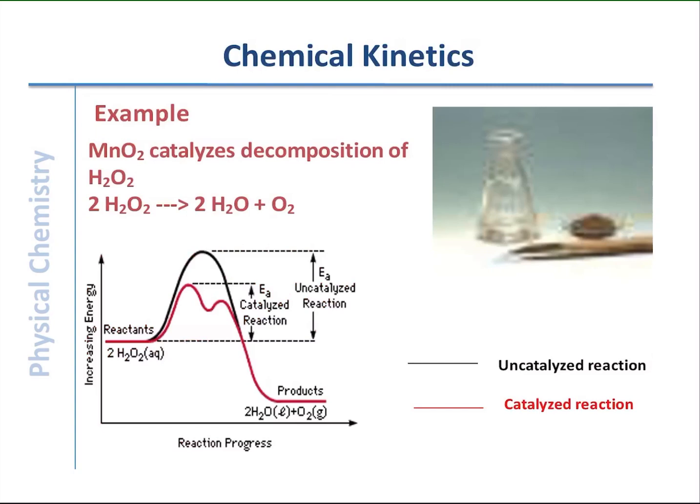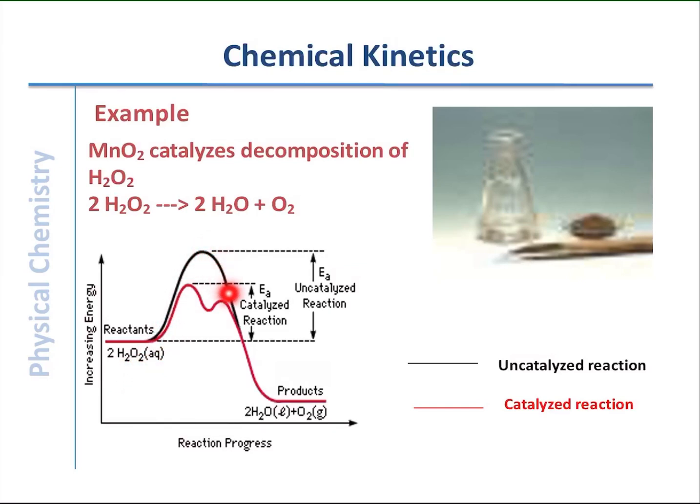So if I gave you a chart like this or a curve like this, this is the reaction progress and this is the energy of reaction. These are the reactants, hydrogen peroxide.